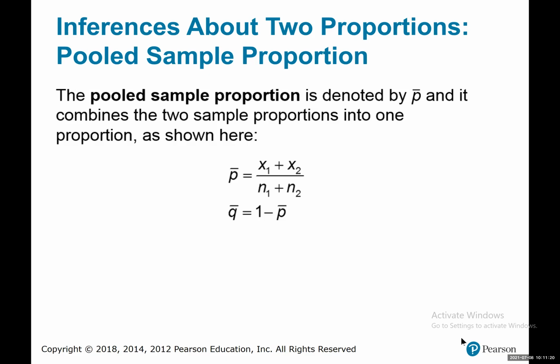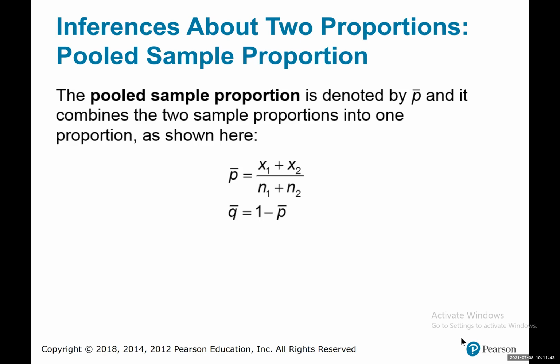For the pooled sample, we use our calculator. We don't need it much. But if you add the successes of the first and second samples, and divide by the sum of the sample sizes, then that's going to be the pooled proportion. So write down the formula.